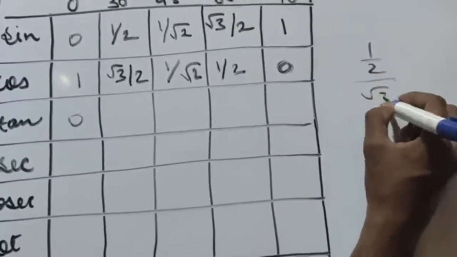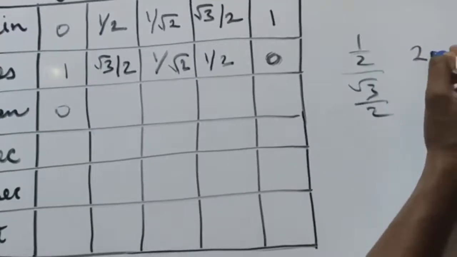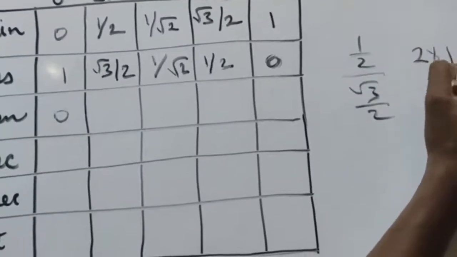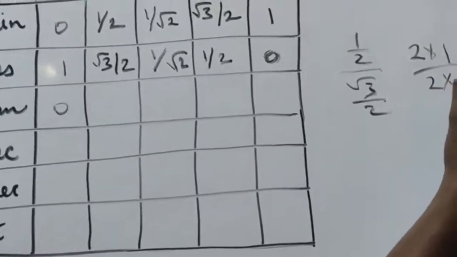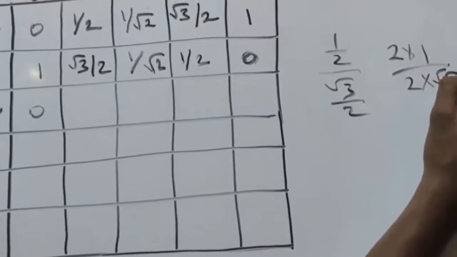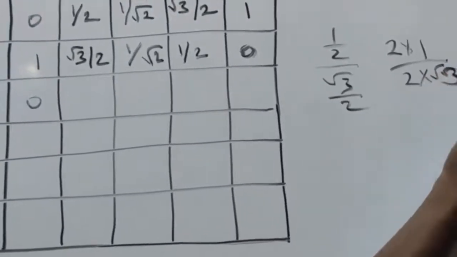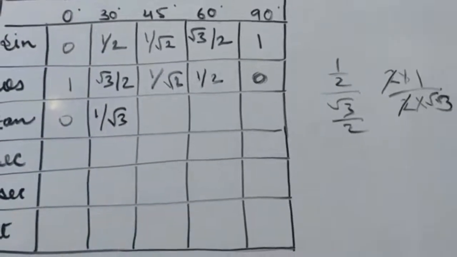This 2 goes up, so 2 into 1 upon 2 into root 3. So the value for tan 30 degree is 1 by root 3.